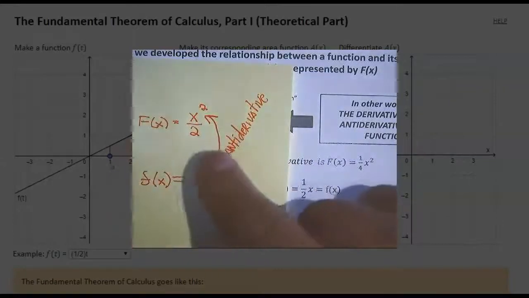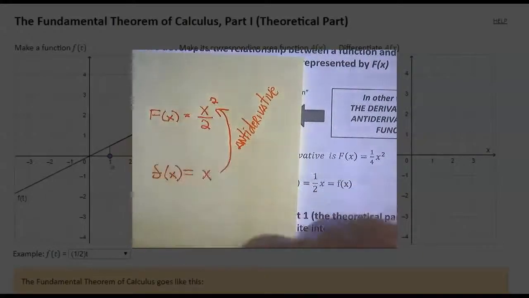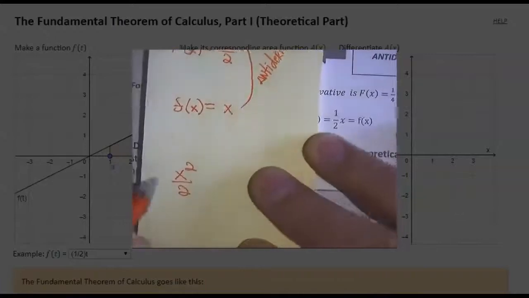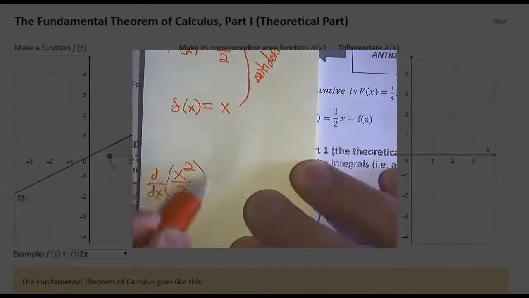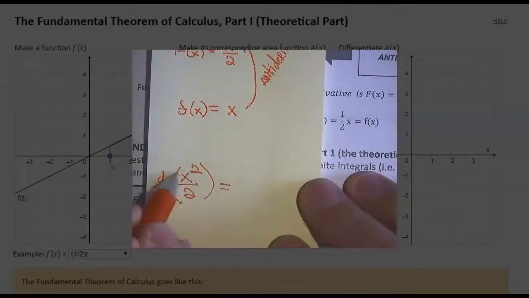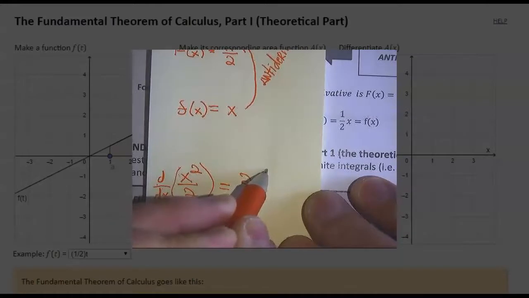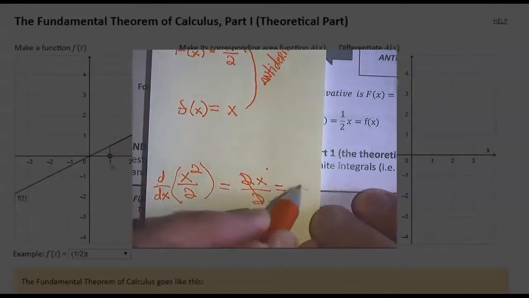Okay, so what we found was if I take the derivative of this, so if I took the antiderivative and I said, okay guys, what's the derivative of that? What's the derivative of this? So if you did the derivative, the 2 comes out front, subtract 1 from the exponent, divided by 2, you get x.